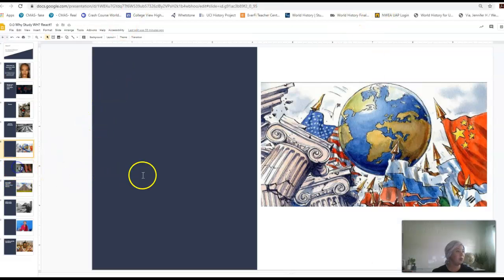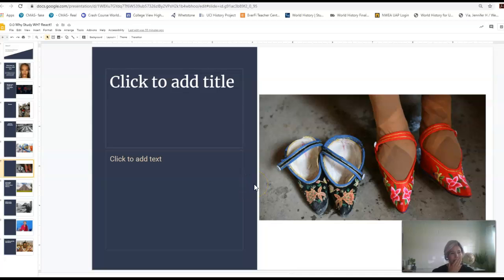We're going to move on to number 6. This is an image of a woman's feet in China. In our first unit, we'll be studying the Chinese dynasties, and in one of the Chinese dynasties, not so far off, women's foot binding was really popular.